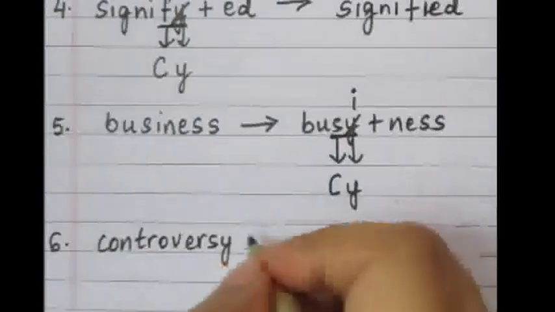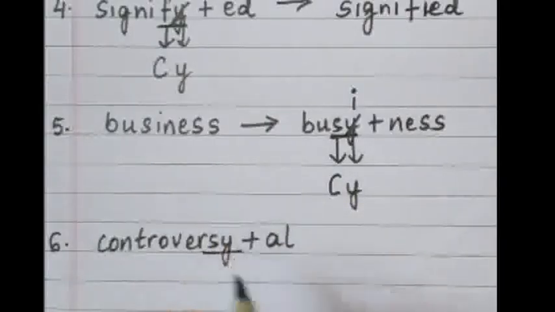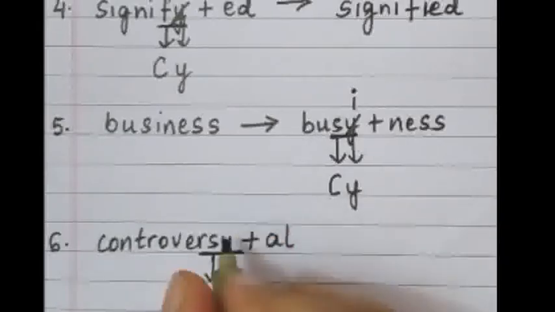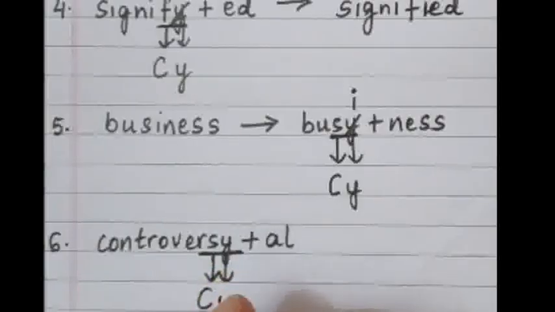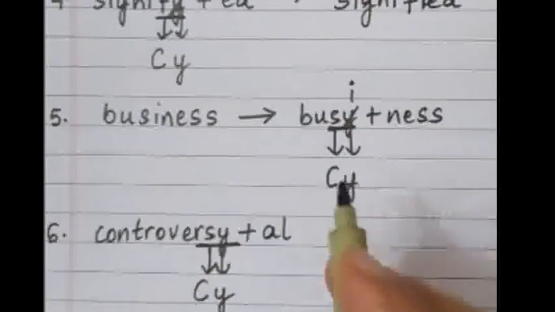So to change it into an adjective, I need to add the suffix al to it. Now let me see if this rule applies. The word controversy ends with a consonant followed by y, and I'm adding a suffix to it. So both conditions are satisfied.